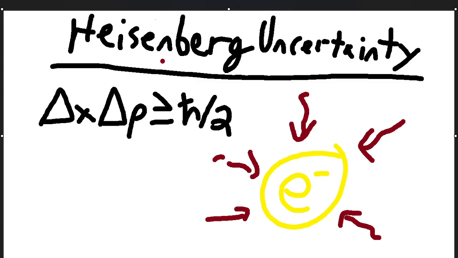Because if you remember from last time, we talked about how photons can move or push electrons, and so we'll pretend we're trying to restrain or confine an electron to some point, which we will call delta x, which is the maximum.